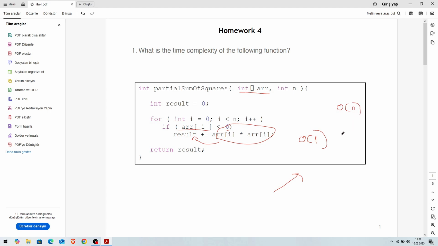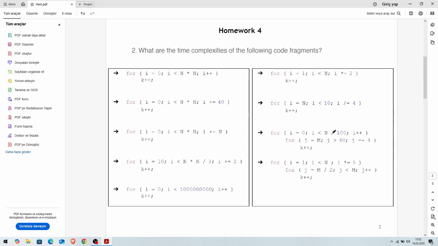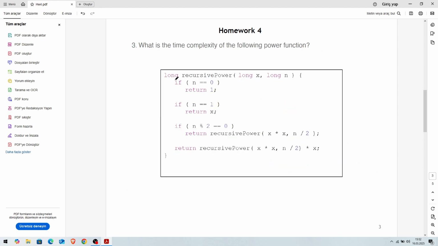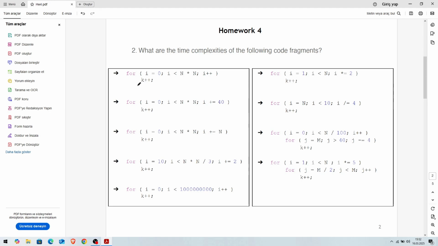When I look at the second question, let's start with the left side. When we analyze the first question, the loop runs from 0 to n squared, incrementing by 1. The number of iterations is n squared, and the time complexity is O(n squared).